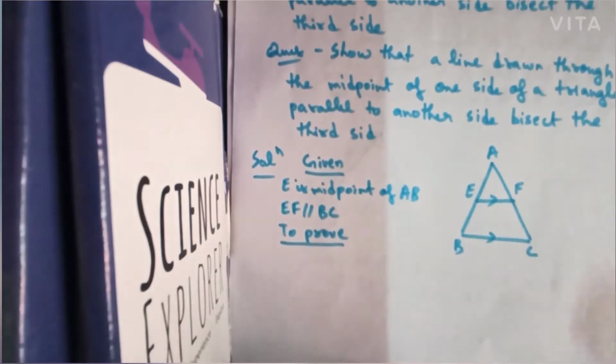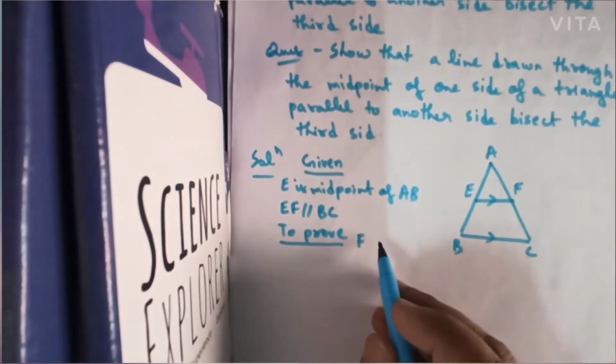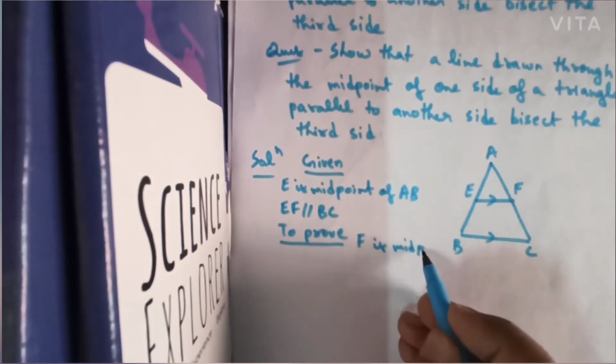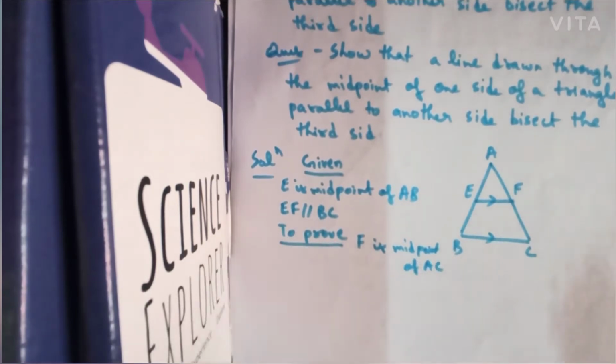What we have to prove is that EF is the bisector of AC, that is, F is the midpoint of AC.